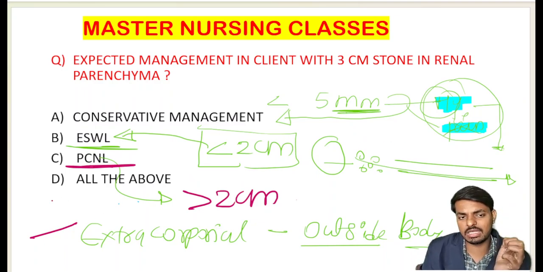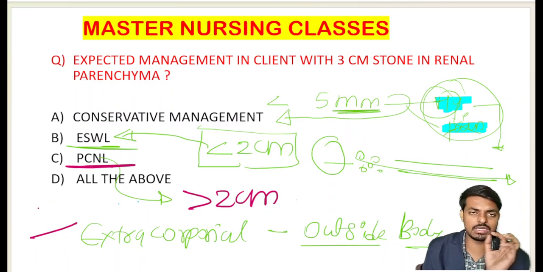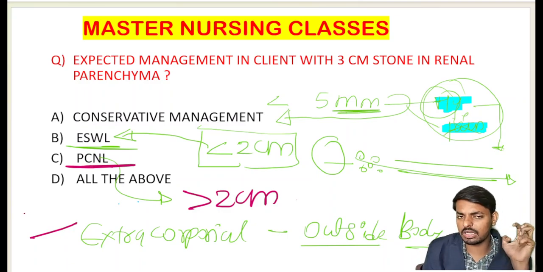If you are taking the incision and breaking the stone, we call that percutaneous nephrolithotomy. And if you are outside the body, inducing high intensity shock waves and breaking the stones into fragments, we call that extracorporeal shock wave lithotripsy.